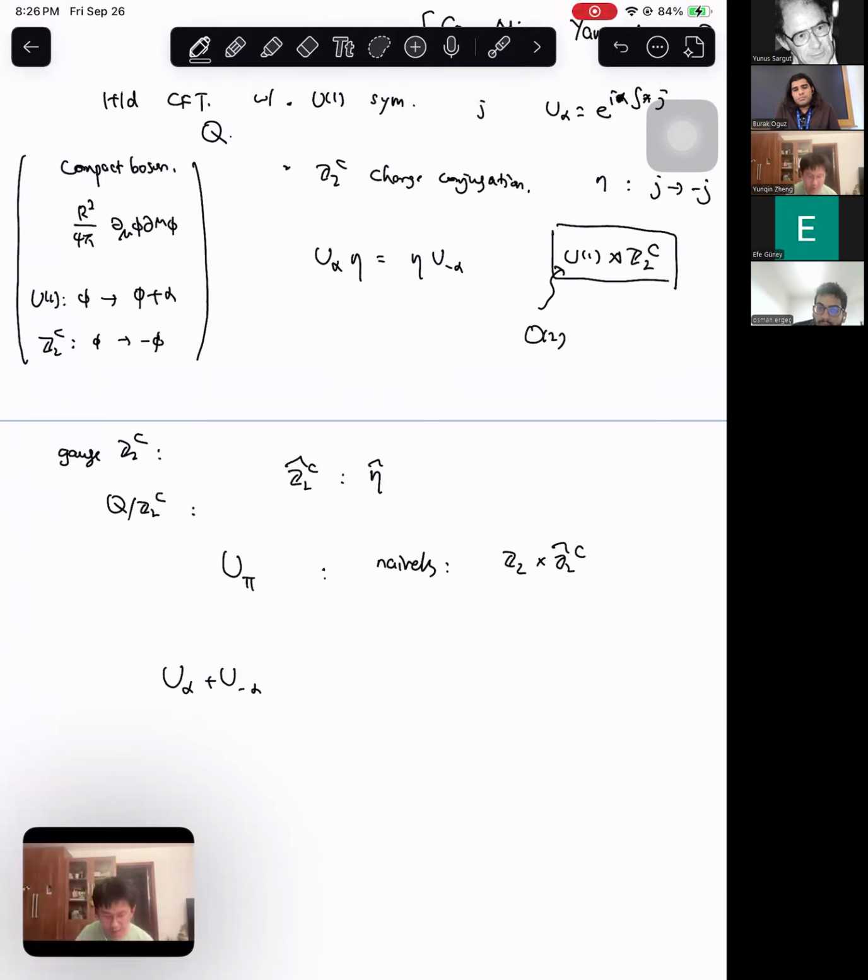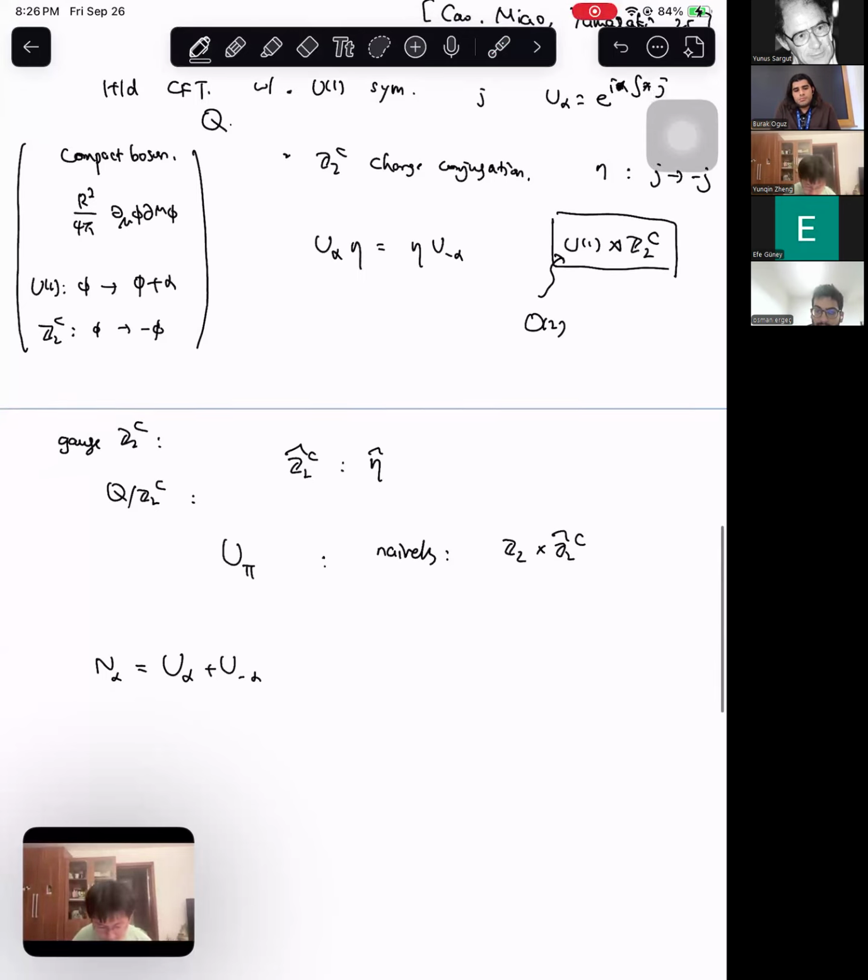This operator clearly commutes with eta because eta exchanges these two. Let's call it N alpha. So it commutes with eta, and it should survive under gauging eta, the Z2 charge conjugation.